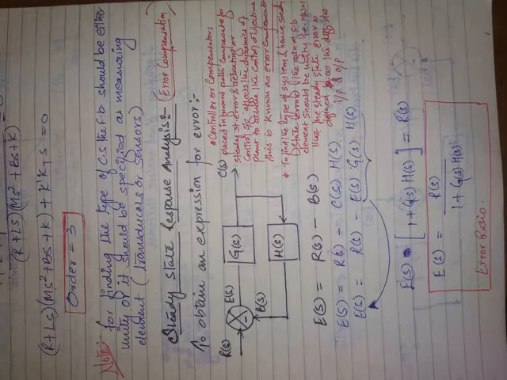The signal here, which is going to the controller, is the steady state error. And the signal here, which is going to the control element and plant, is the actuating signal or control signal.